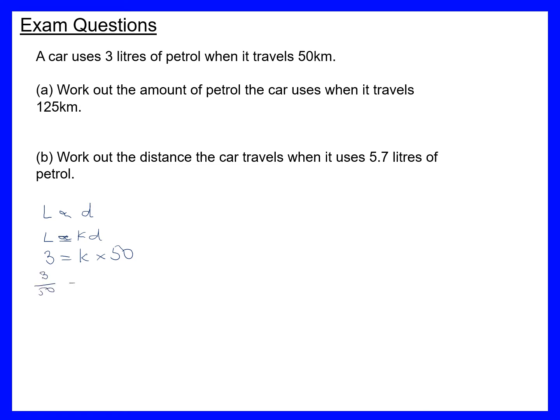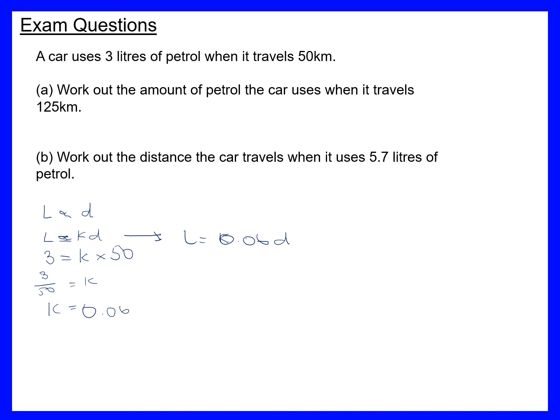So 3 divided by 50 is going to give me K. 3 divided by 50 is 0.06. 0.06 is K, and I'm going to put that back into my original equation. So L is equal to 0.06 D. We're swapping out K for our 0.06.